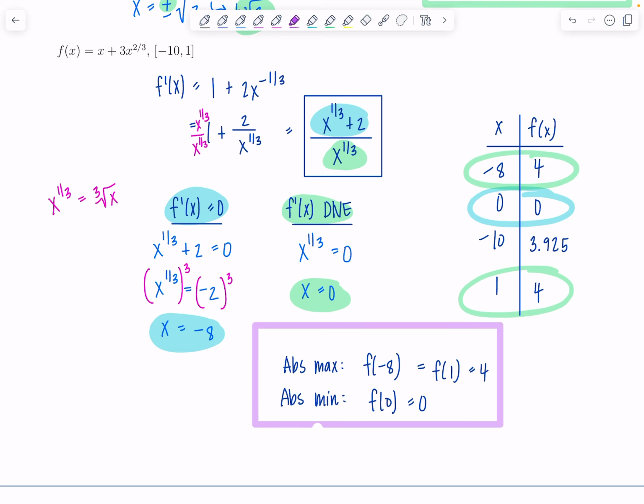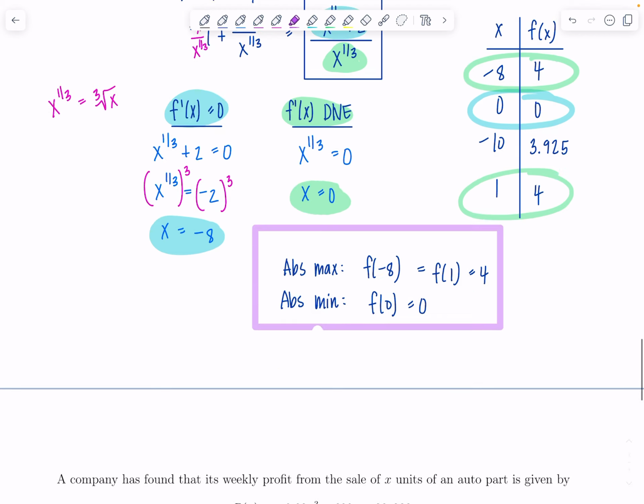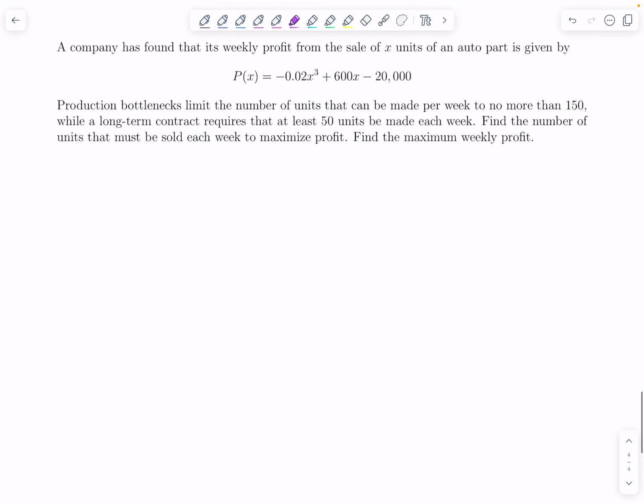Last thing we're going to do is look at an economics example where we have to find absolute extrema. A company has found that its weekly profit from the sale of x units of an auto part is given by the following function. Now, production bottlenecks limit the number of units that can be made per week to no more than 150, while a long-term contract requires that at least 50 units be made each week.